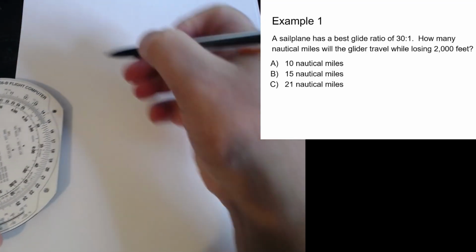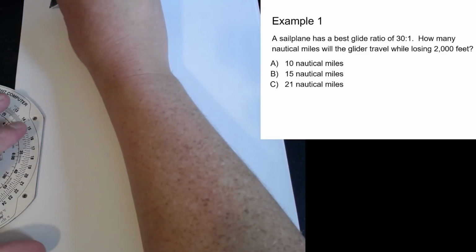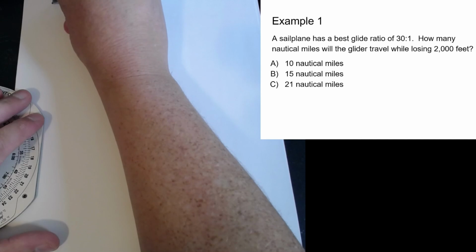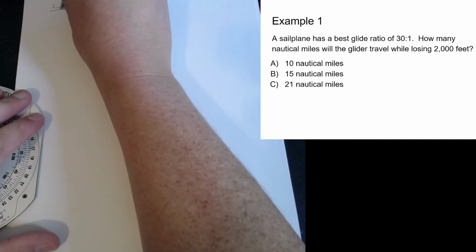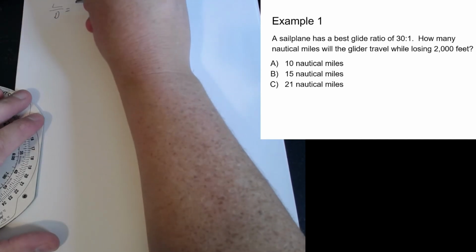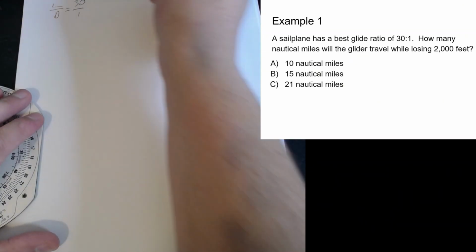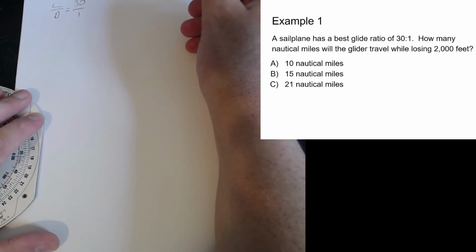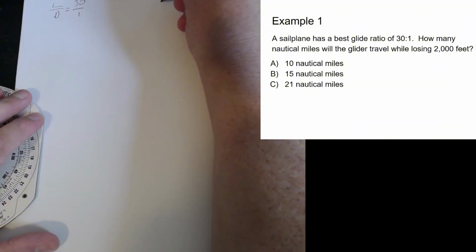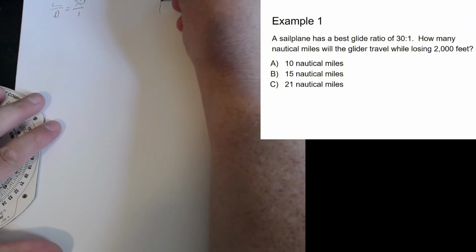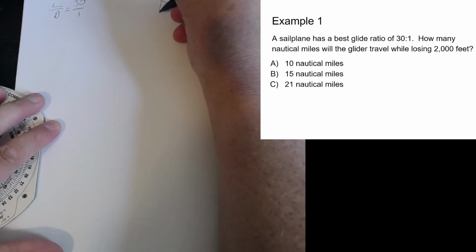So, as always, the first thing we do is write down what we know. L over D is equal to 30 to 1. And we want to know how far we'll go while losing 2,000 feet of altitude.